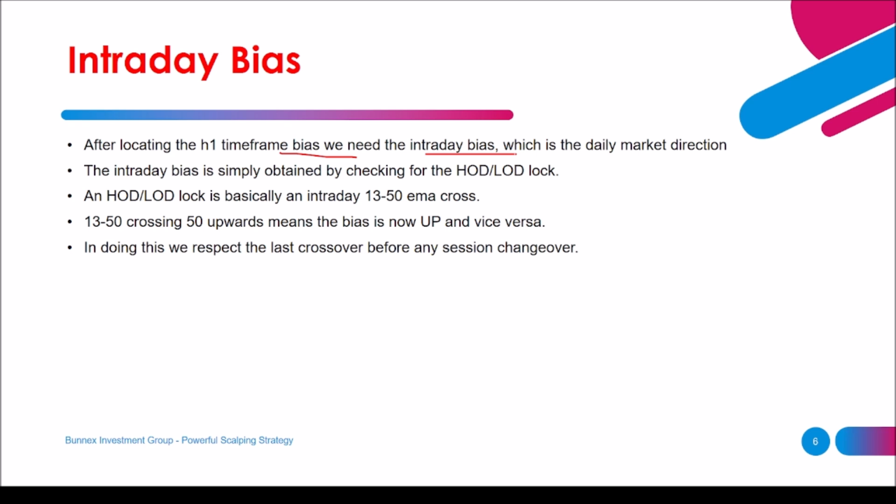If counting levels or determining the peak or the market bias on the H1 time frame, you may focus on the intraday bias, whereby you just go to the intraday time frame, which is the M5 or the M15, right? In our case, we use the M5 since we are scalping for this particular strategy.